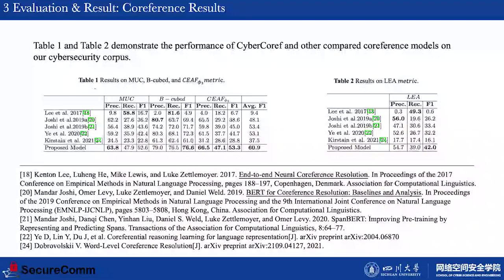They included both span-based architectures as well as word-level architectures. However, due to the vast difference between datasets, models that perform well on general corpora do not achieve the expected results on our dataset, which is far more challenging. In contrast, the proposed CyberCoref achieves better results on the four evaluation metrics and becomes the best coreference resolution model for cybersecurity entities.